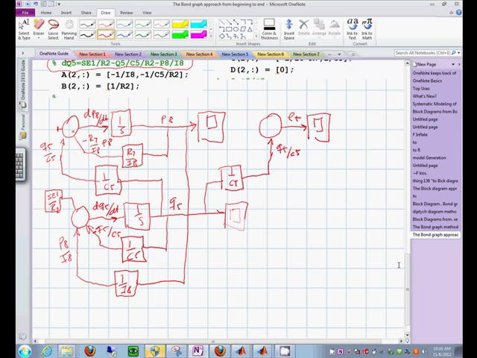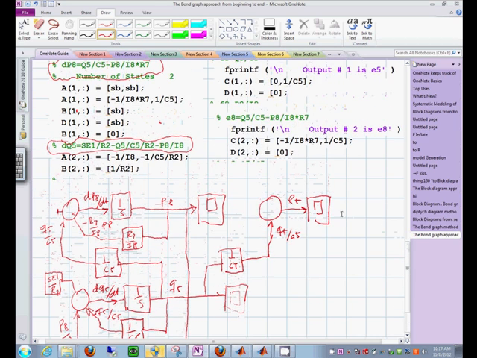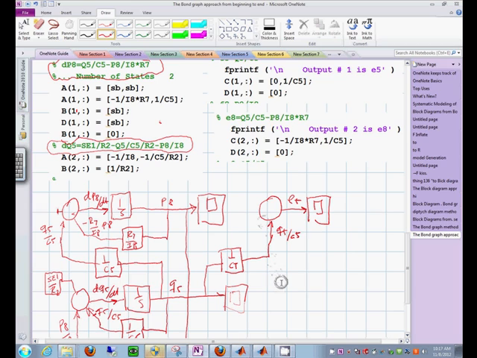All right. So we will put this in here. E sub 8. This is the summation. Here e sub 8. And then you have one that says q sub 5 over c sub 5, and the other one that is minus p sub 8 times r sub 7 over I sub 8.